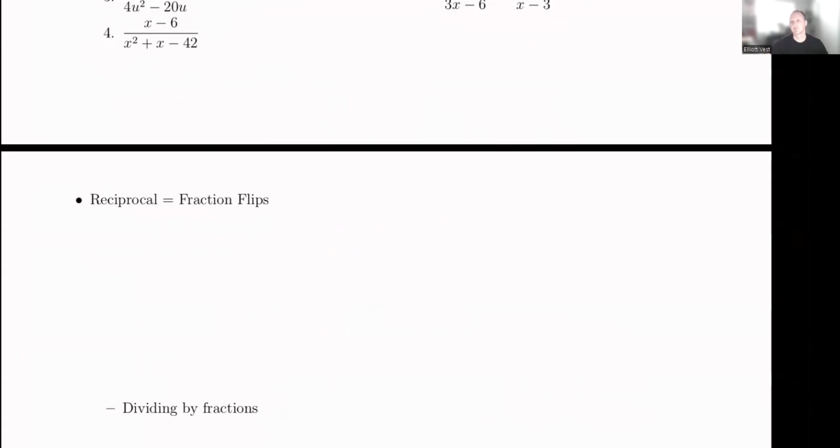First, we need to talk about what a reciprocal is. When I say reciprocal out loud, I mean flip your fraction. If I have some a over b, what's the reciprocal of a over b? That is flipping the fraction on its head, b over a.